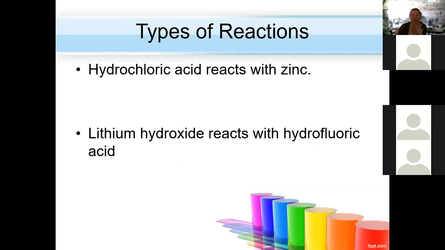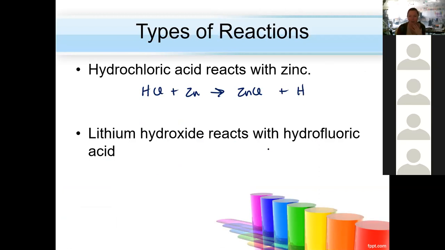All right. Hydrochloric acid reacts with zinc. What's this going to look like? HCl plus Zn. Gives us zinc chloride and hydrogen gas. I've got some things going wrong. What do I need to fix? H2.